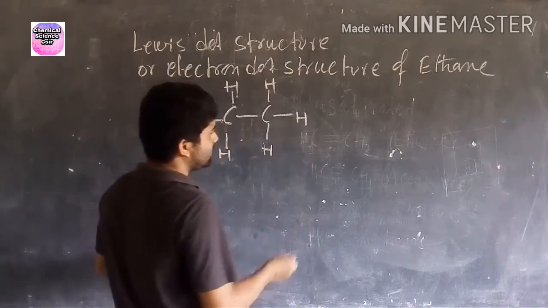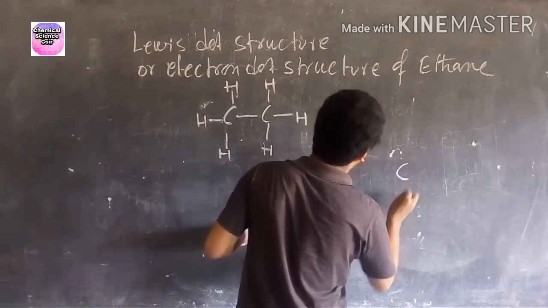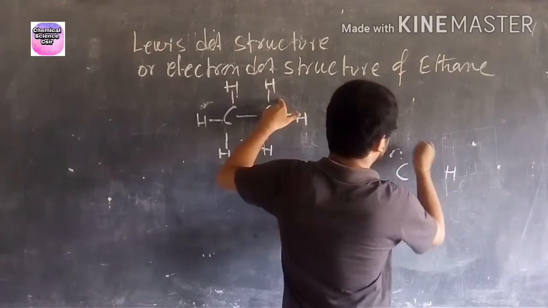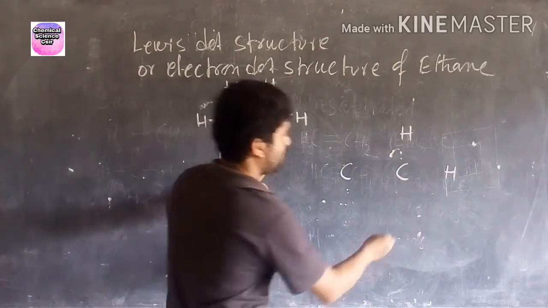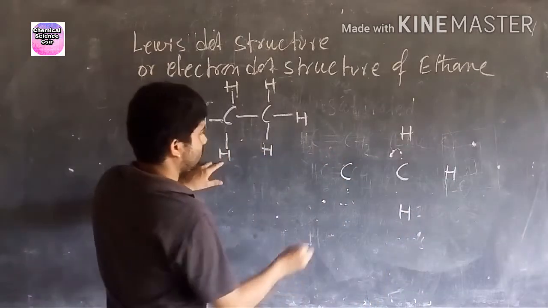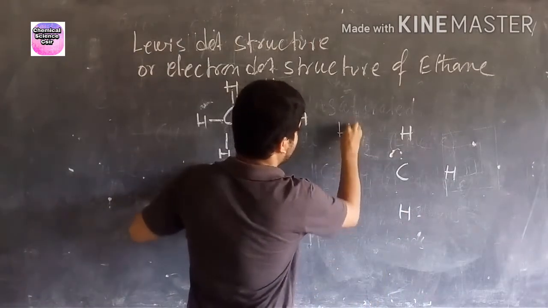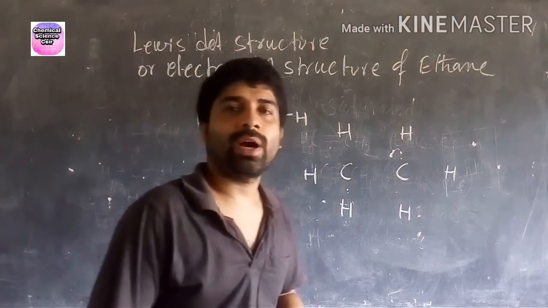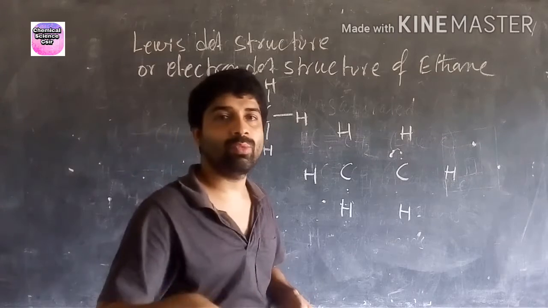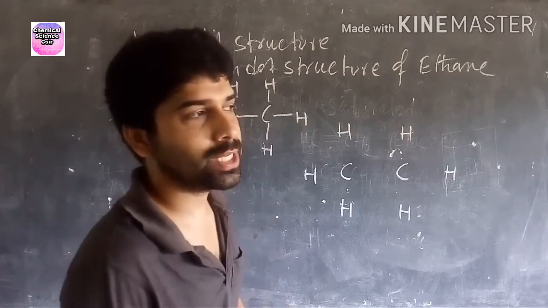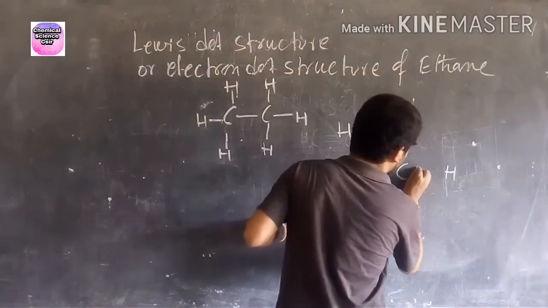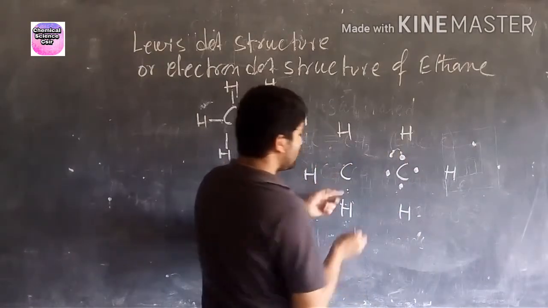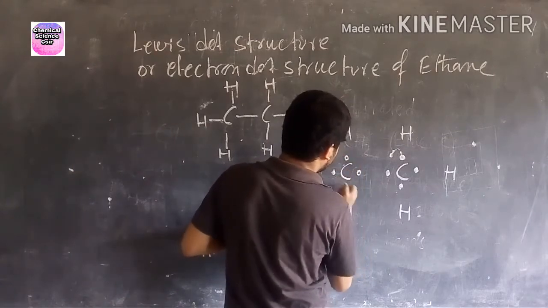Now you can represent the electron dot structure. See carbon, here also carbon, and hydrogen. Write hydrogen here, top side one hydrogen, down side one hydrogen, and on this side also hydrogens. The valence of carbon is 4, that means in the outermost shell there are 4 electrons. Same for the other carbon.